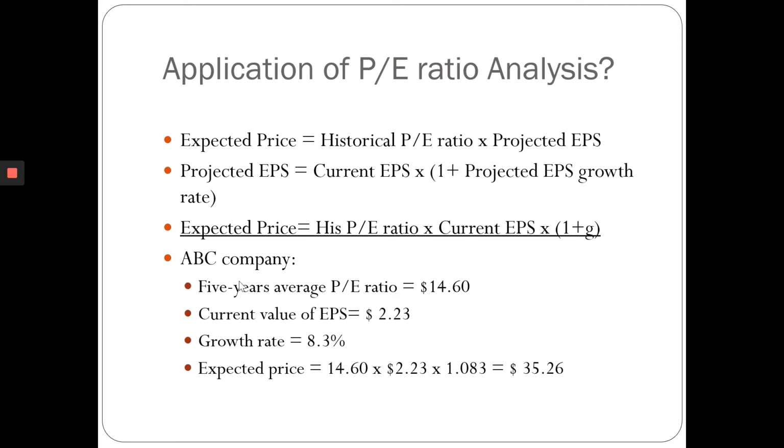If this is the data, we can easily find the expected price by multiplying the historical 5-year average PE ratio 14.6 with $2.23, which is the current earnings per share, and multiplying it with 1 plus the growth rate. The growth is 8.3%, so 1 plus 8.3% is 1.083. And the expected price will turn out to be $35.26.